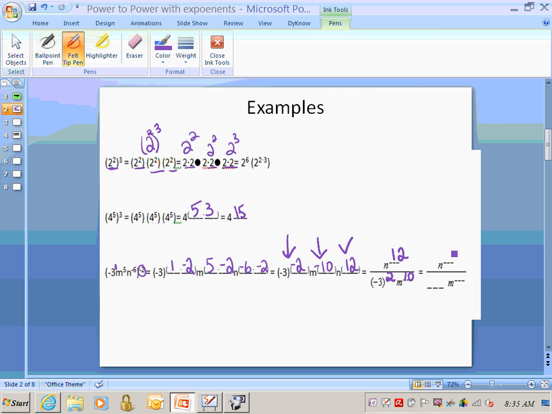So now I have n to the 12th. What's negative 3 squared? Negative 3 times negative 3 is what? 9. M to the 10th will be our final answer.